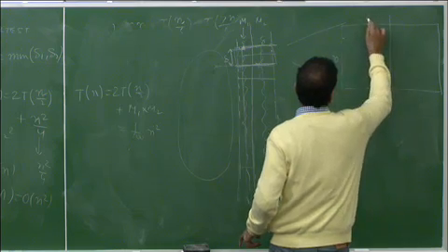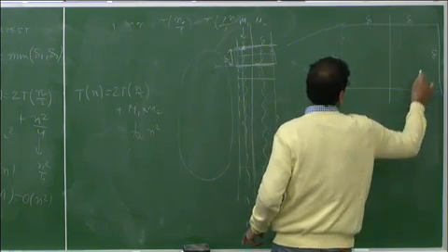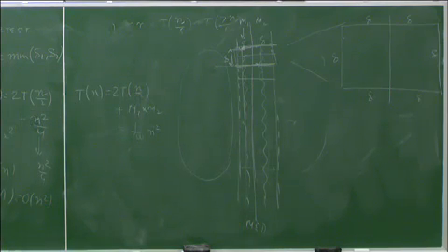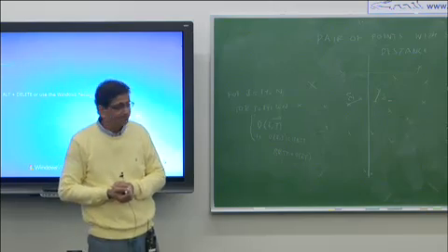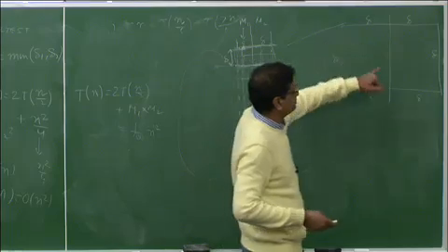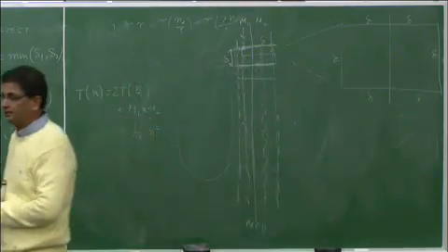This is delta, this is delta, this is delta, this is delta, this is delta. Excuse me, sorry. All right, this is delta. Now, remember, what was the property which we had?